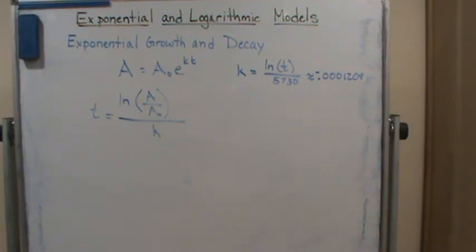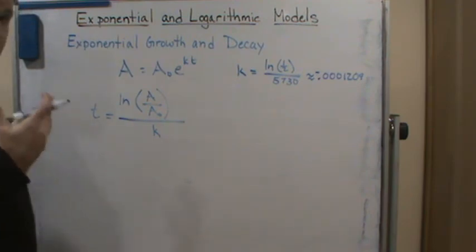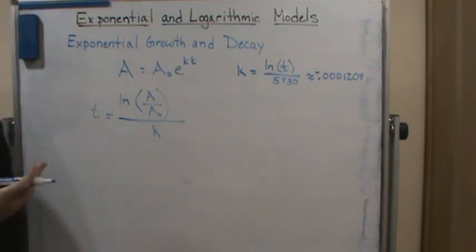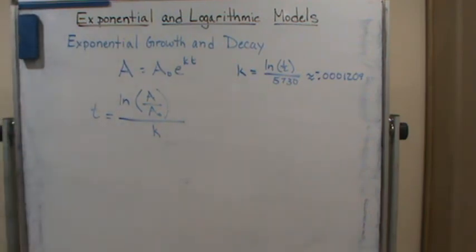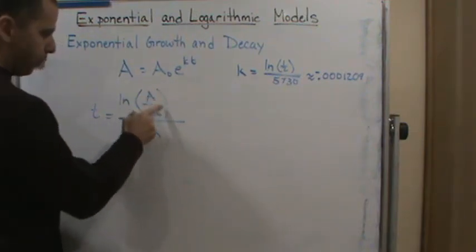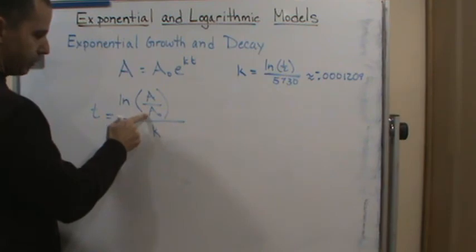To the nearest year, how old is the bone? Okay, well, it says there's 20% of its original amount left, right? That's what it means when it says that it contains 20% of its original amount. This is the proportion of its original amount.